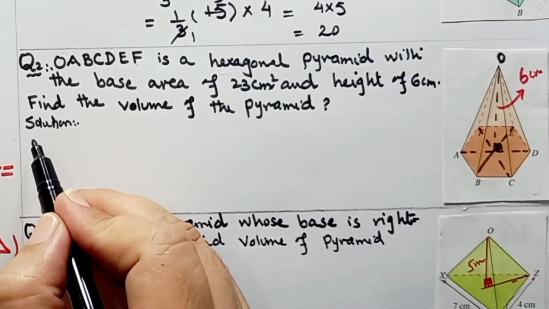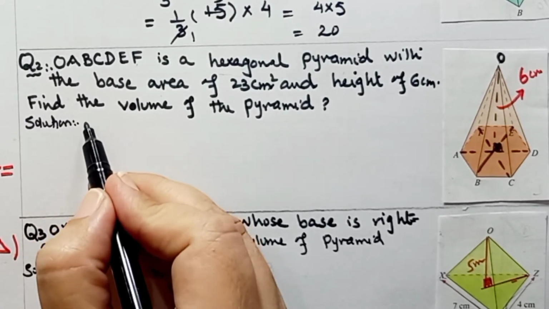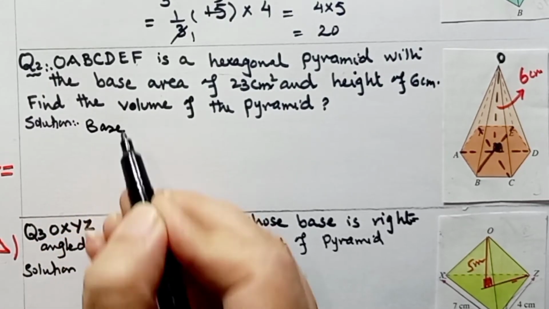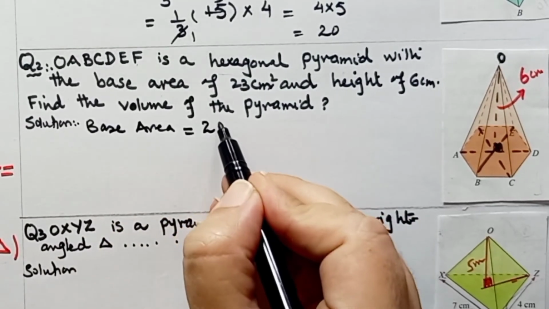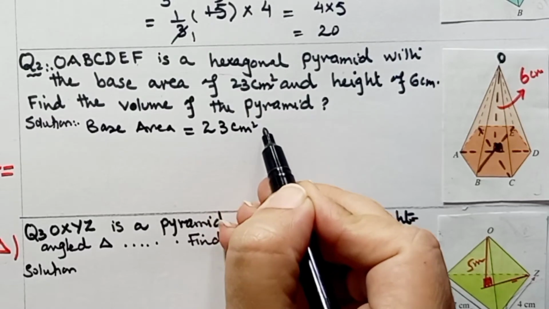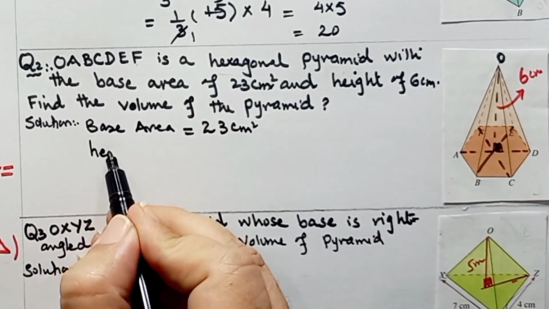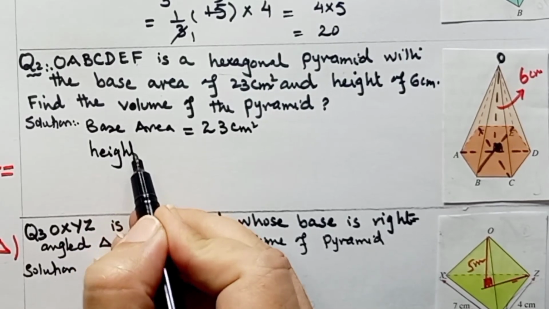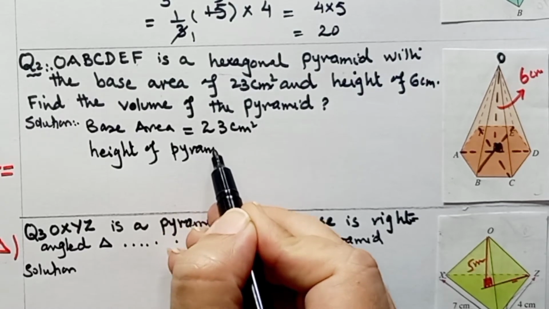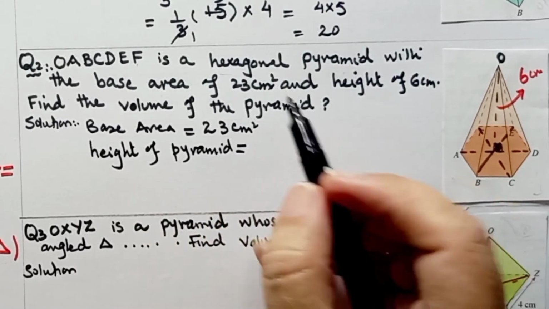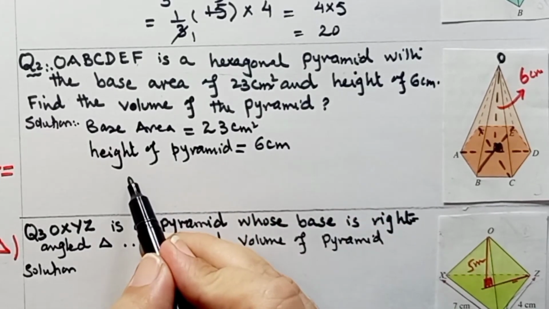We are given the base area of pyramid, that is base area equals 23 centimeter square, and height of pyramid equals, which is given in the question, 6 centimeter, and we have to find the volume.